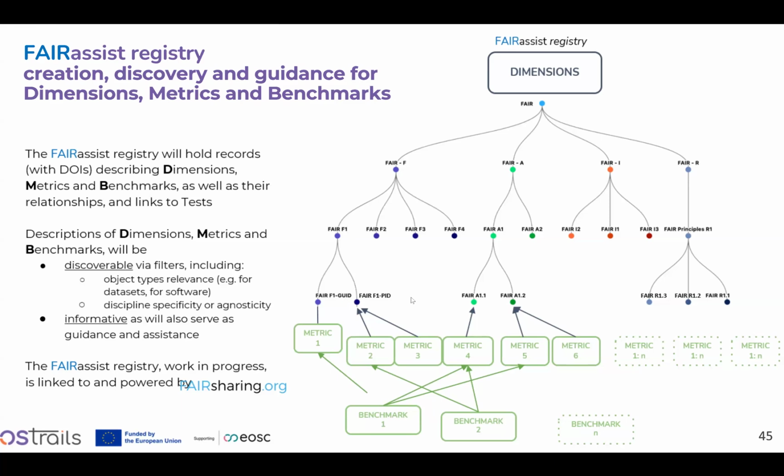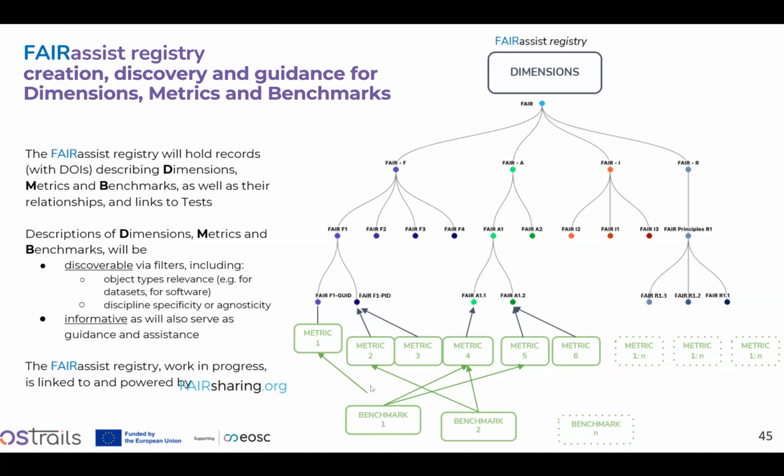At some point, those are no longer abstract. And when they're no longer abstract, when they actually describe something that is measurable, we then call it a metric. And the metrics will be registered for discovery and associated with the dimensions that they are relevant to.